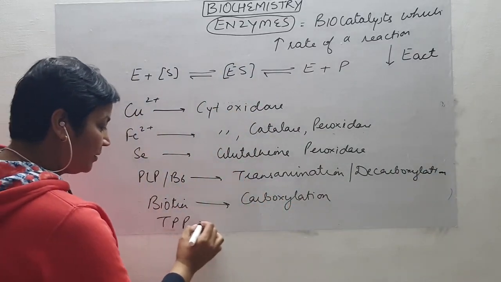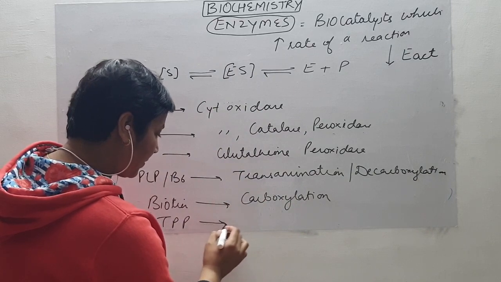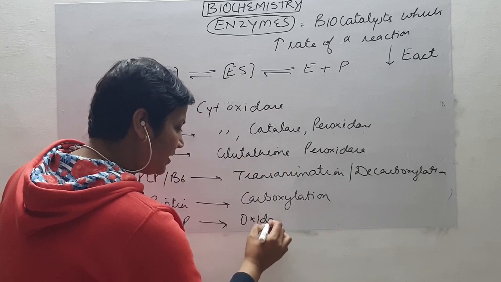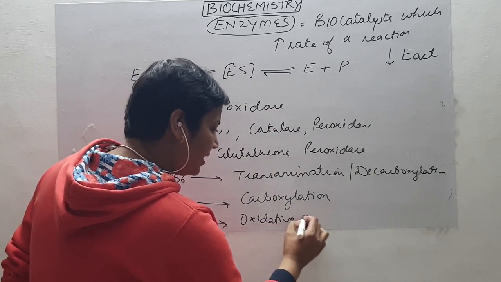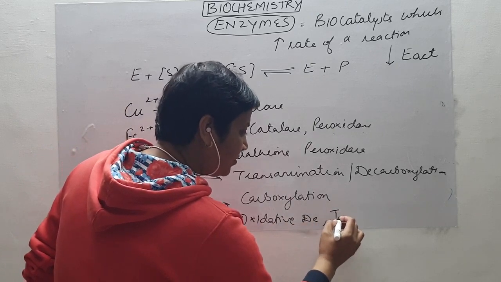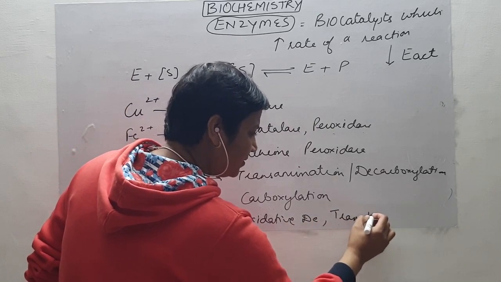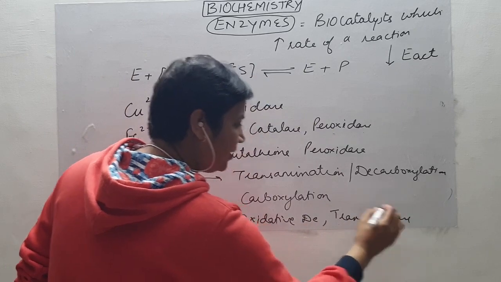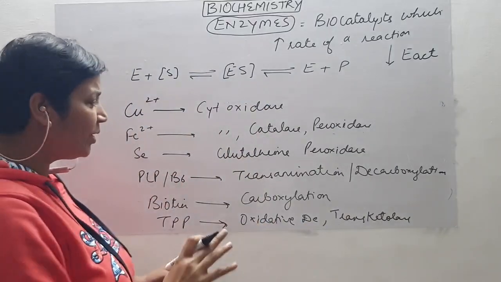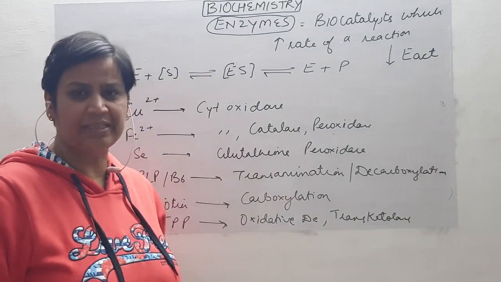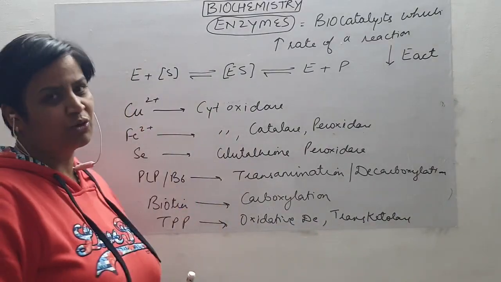TPP is used for oxidative decarboxylation plus transaldolase reaction, transketolase reaction. So these are some of the coenzymes and the examples of cofactors.